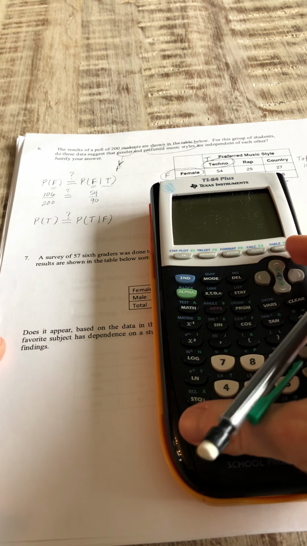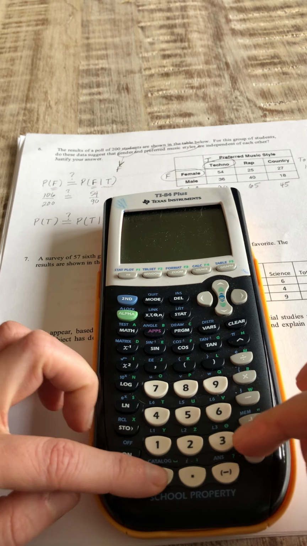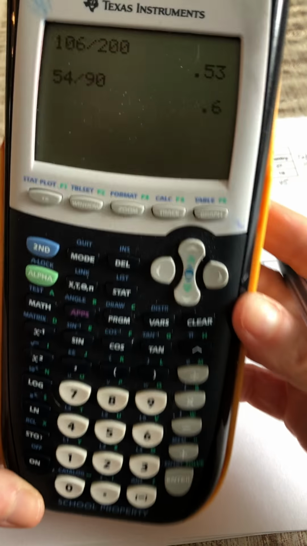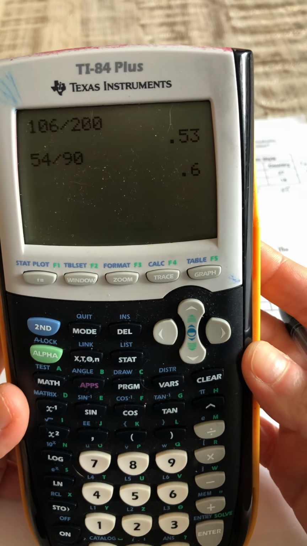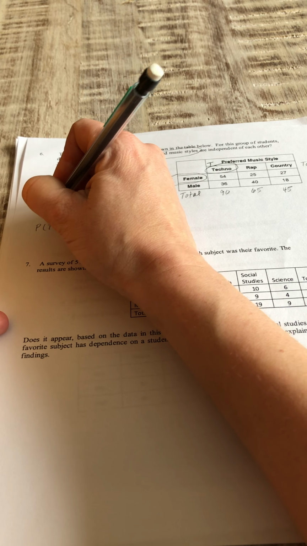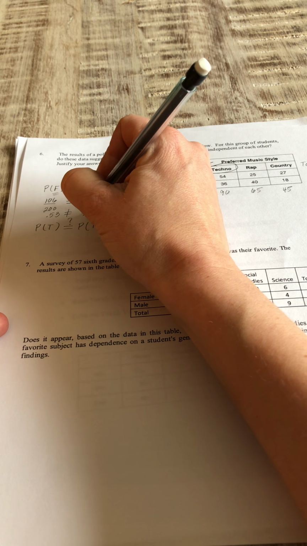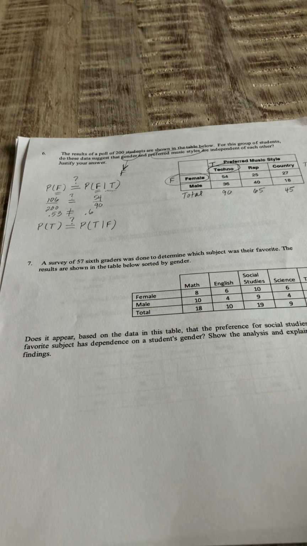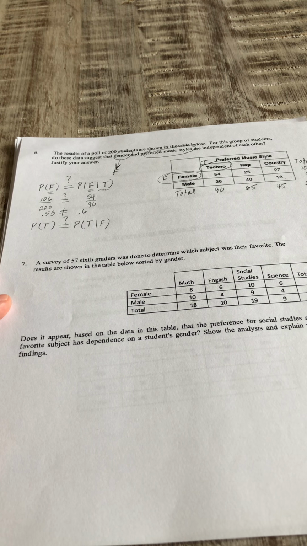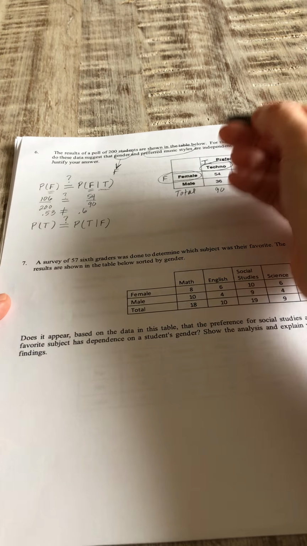Then we just analyze the decimals: 106 divided by 200, and 54 divided by 90. Although the decimals are close together, they are different. This is 0.53, which does not equal 0.6. So the conclusion is that these events are not independent. They do have some influence on each other.